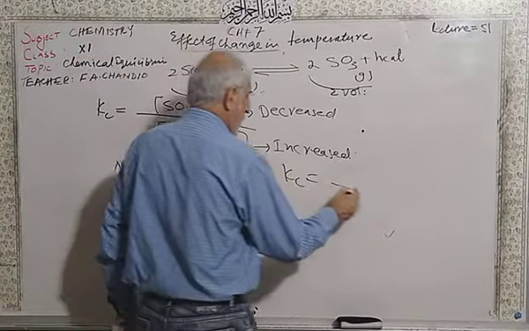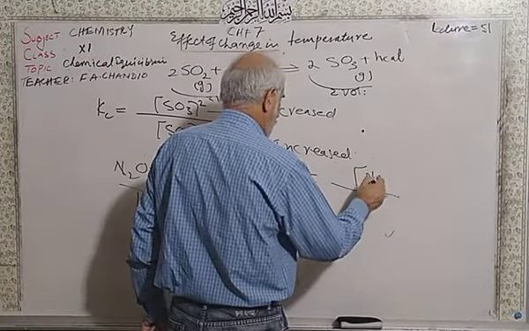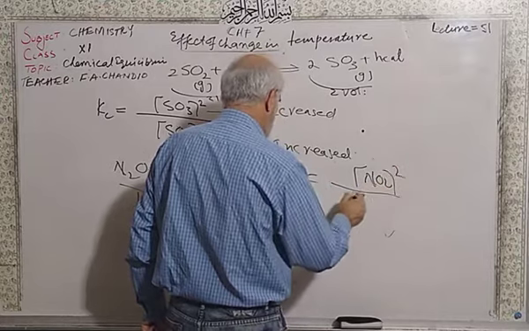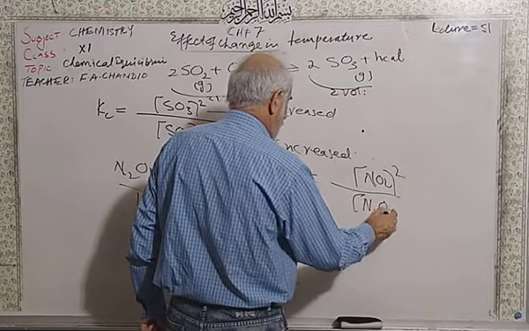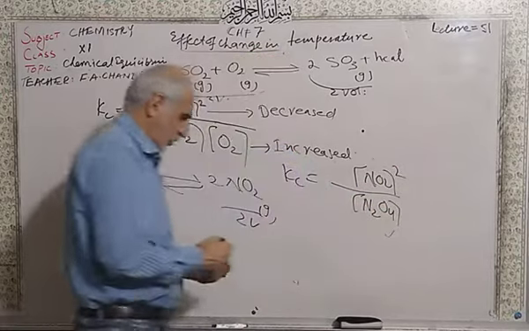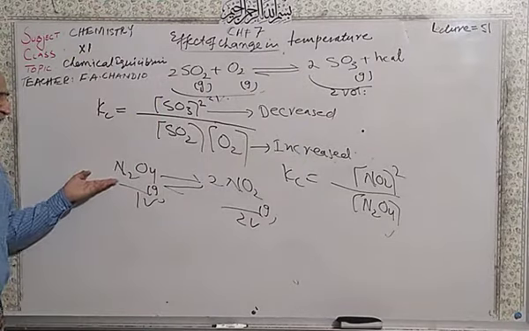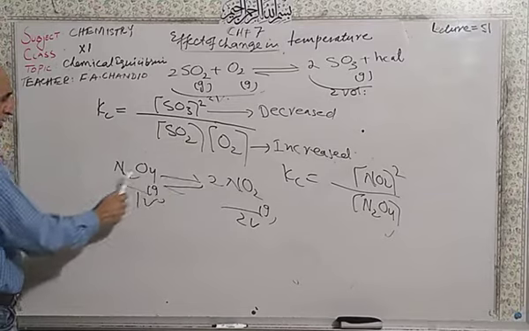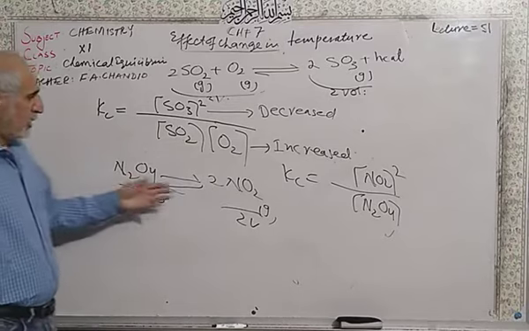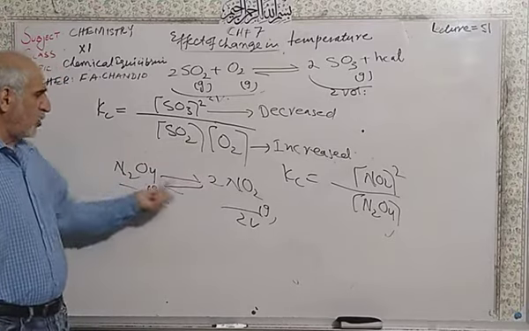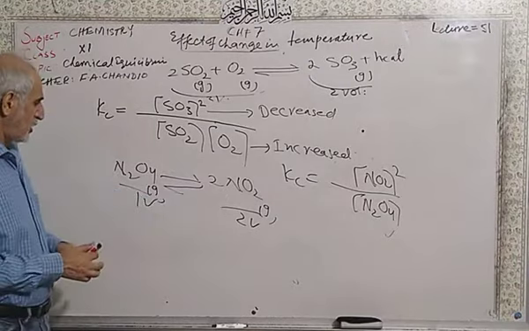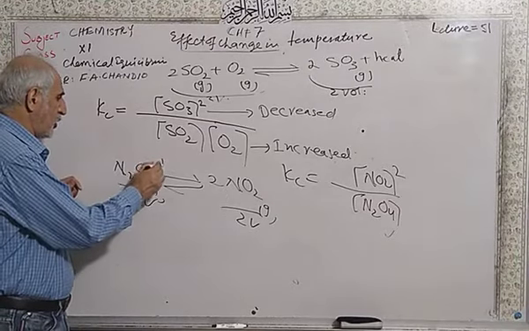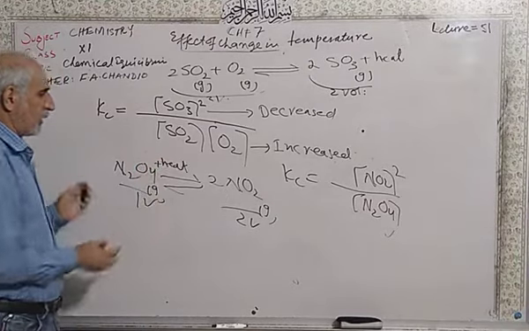Kc is equal to the concentration of NO2 over the concentration of dinitrogen tetroxide, like this one. So if you are going to increase the temperature, this will go forward, because 1 mole changes into 2 moles. So this process is endothermic, meaning heat is absorbed here.